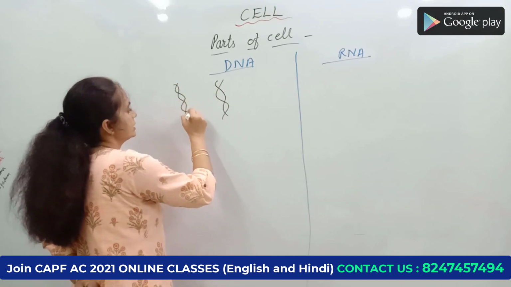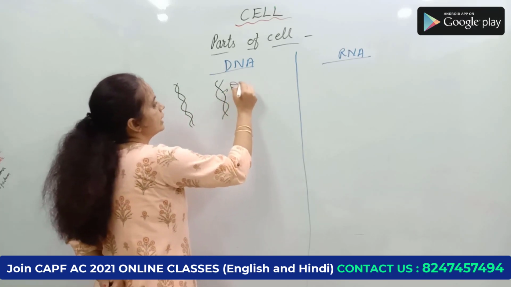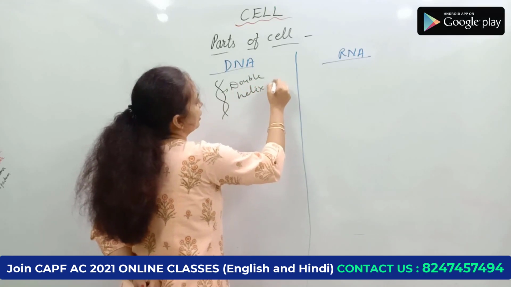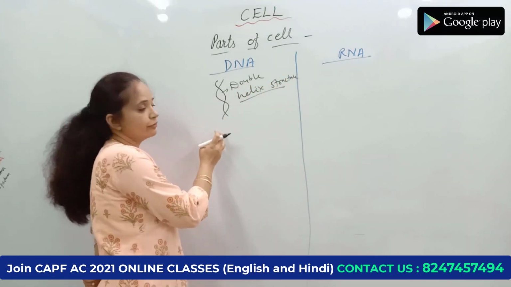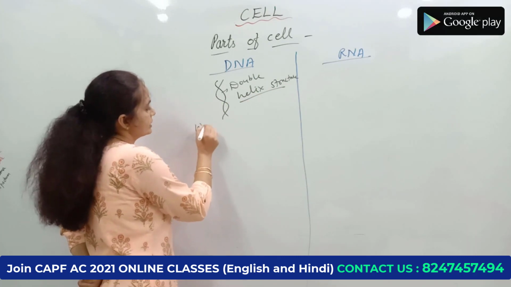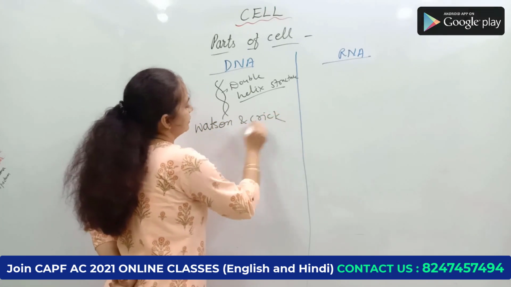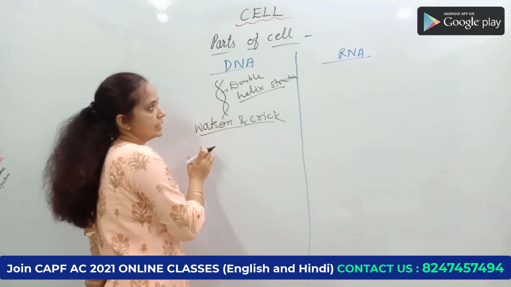It has two helices, and they form a structure like this. This is called the double helix structure. This model of DNA is given by Watson and Crick, the scientists who gave the structure of DNA.